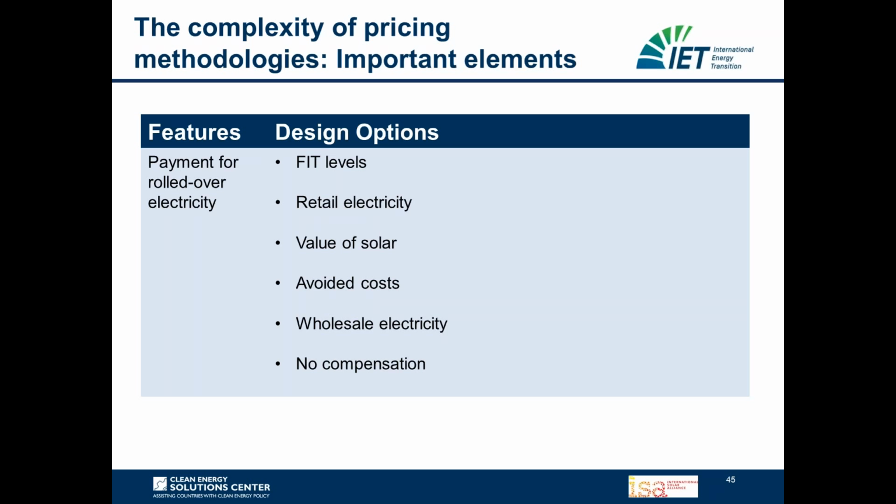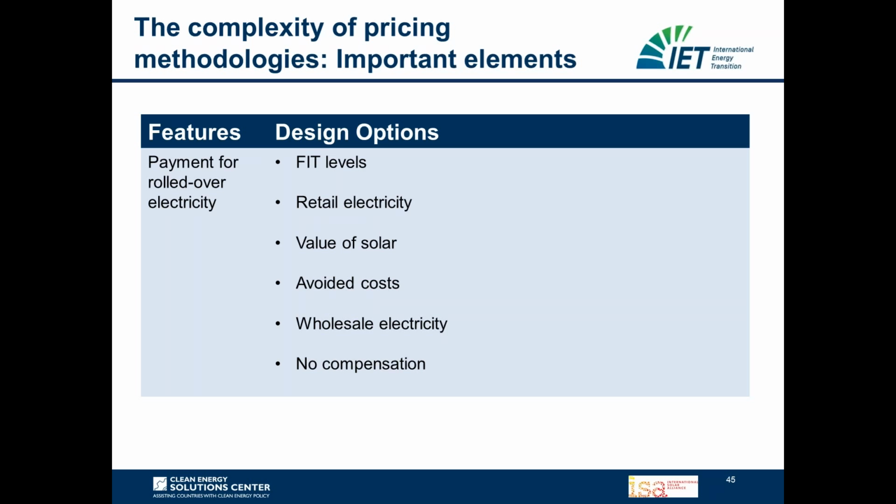However, this has become much more elaborate in the last couple of years. There are many utilities that say, no, actually the value of the electricity that you feed into my grid differs from time to time, or it is not the same as the retail electricity price that you're paying, because I also have to cover some system costs for upgrading and managing the electricity grid, for instance.